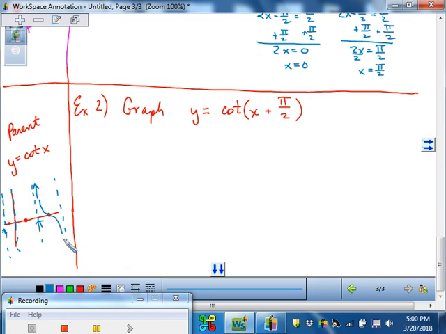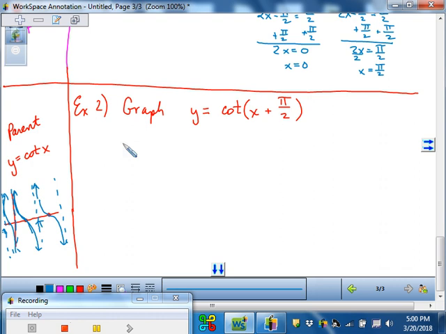So it goes the opposite direction. It has a phase shift and it goes the opposite direction. So this is what the parent does.